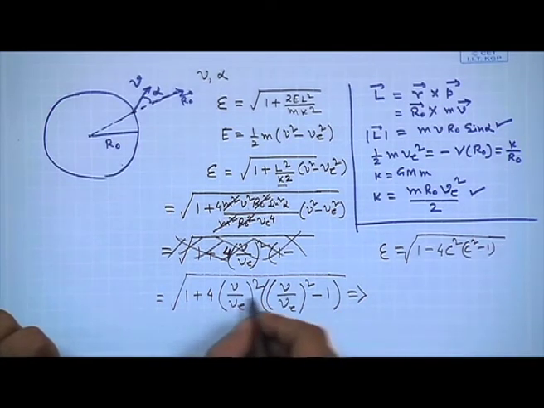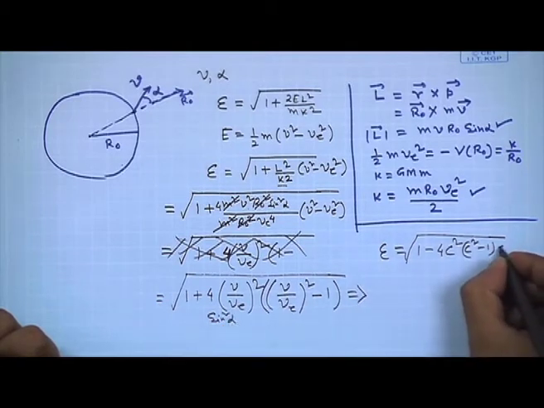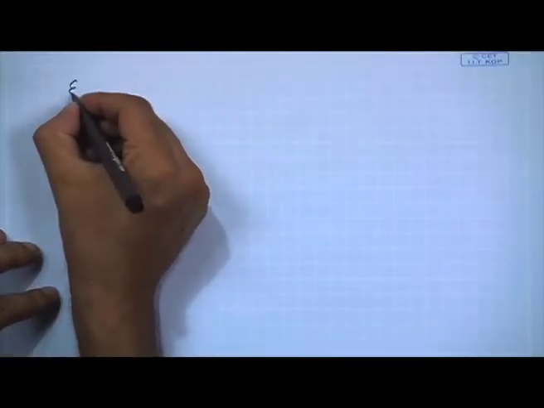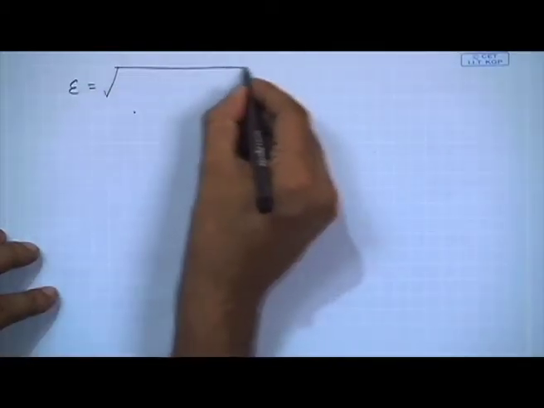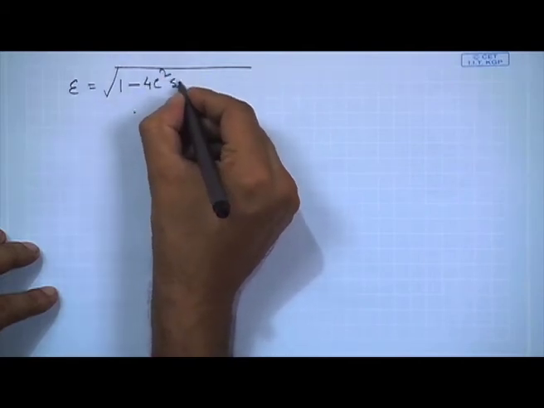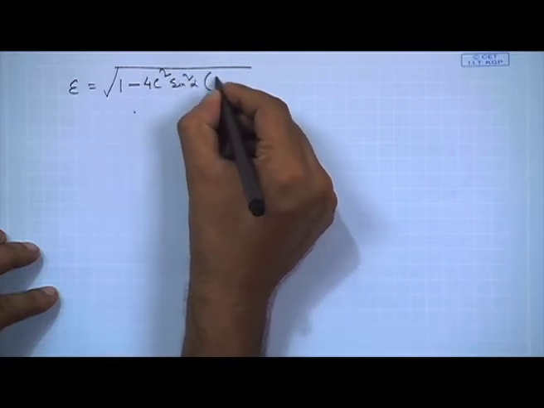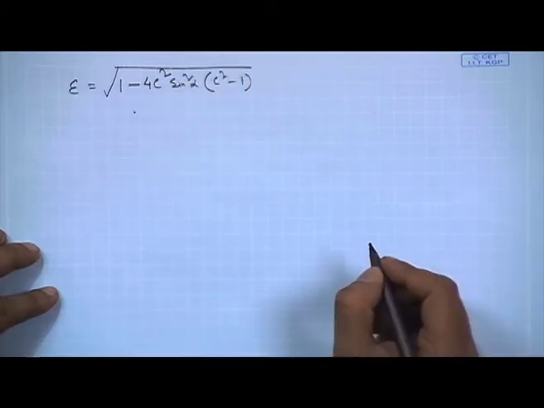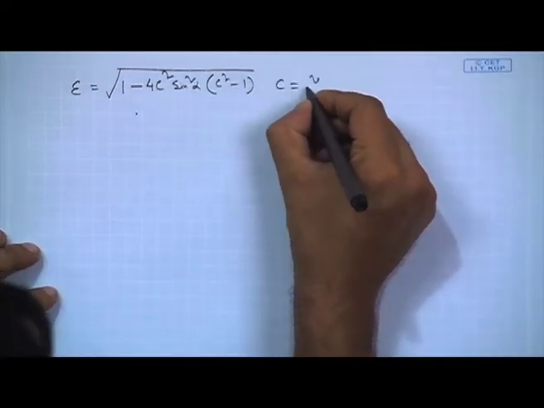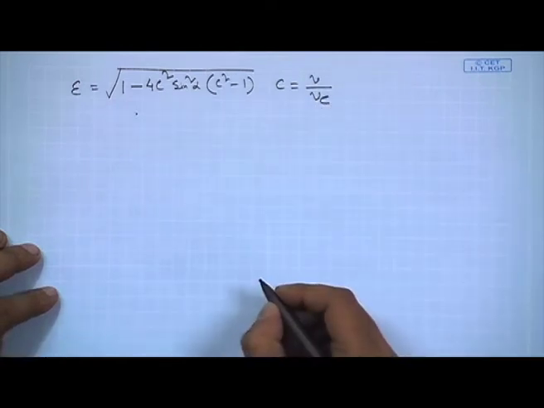Oh, sorry, I totally missed it. There is a sin square alpha term here, so it will come in the final expression. So, we get an expression for epsilon, which is root over 1 minus 4 c square sin square alpha times c square minus 1, where c is equal to v by v e, right.